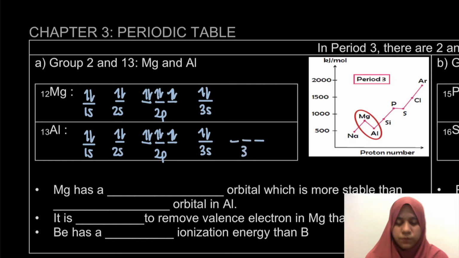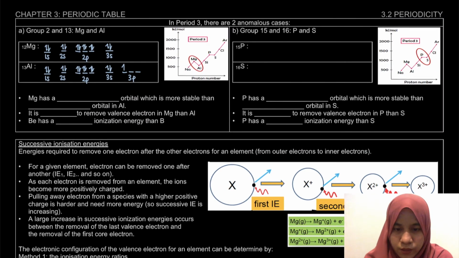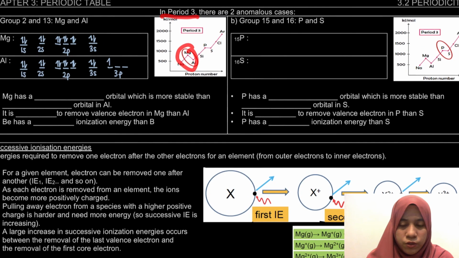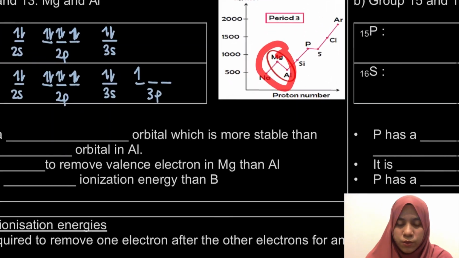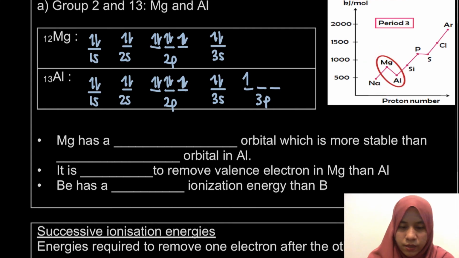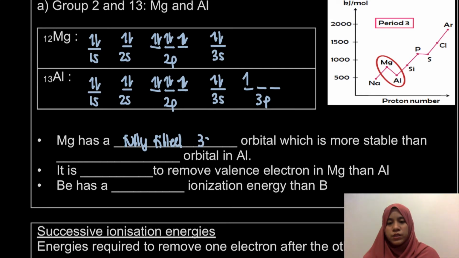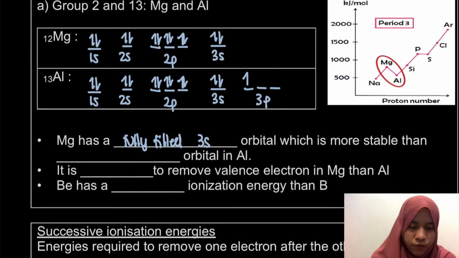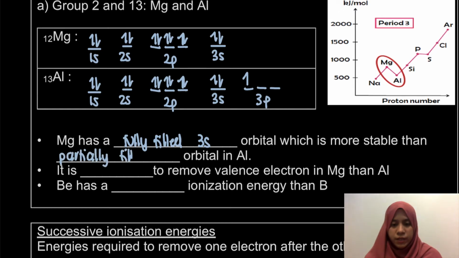So another one. Again, the anomalous case for period 3 is between magnesium and aluminium. What we're going to do is draw the orbital diagram. As we can see, magnesium has a fully filled, fully filled what? Fully filled 3s orbital, which is more stable than a partially filled 3p orbital in aluminium.